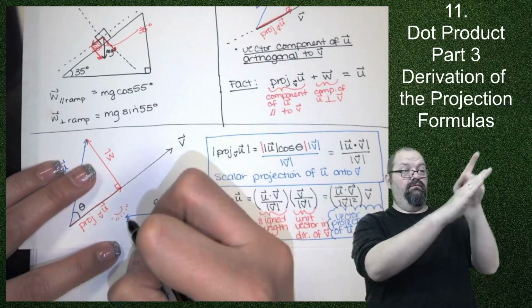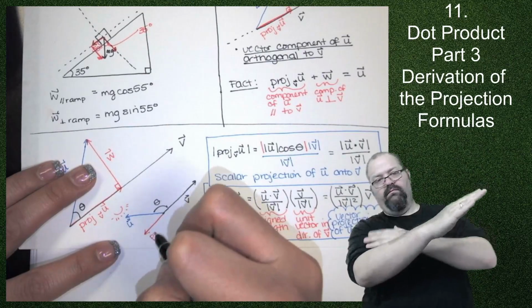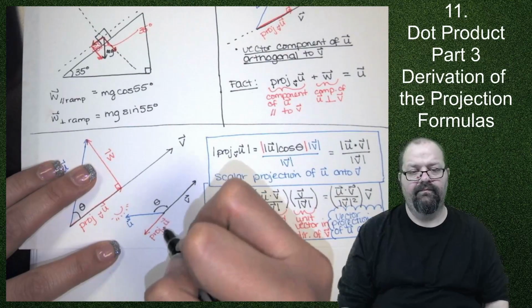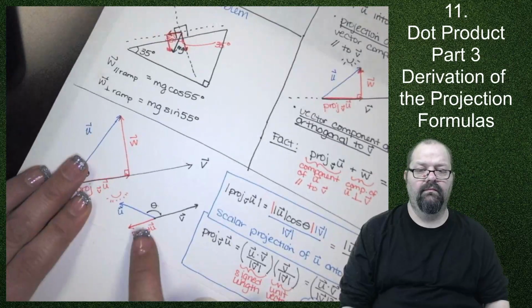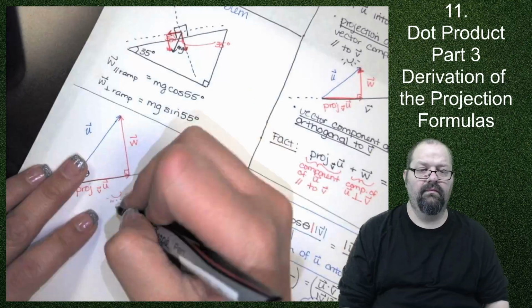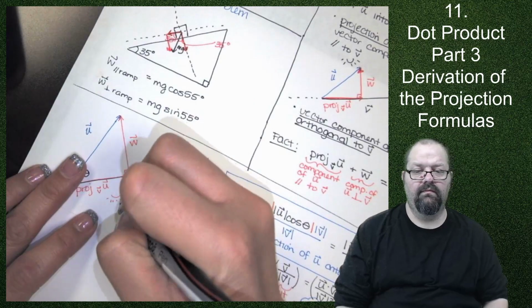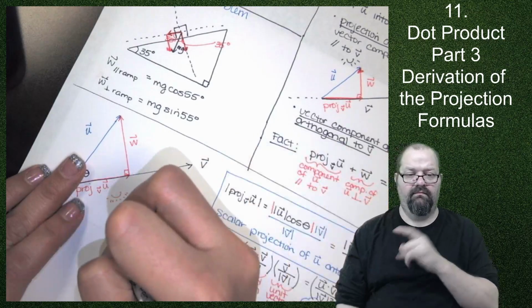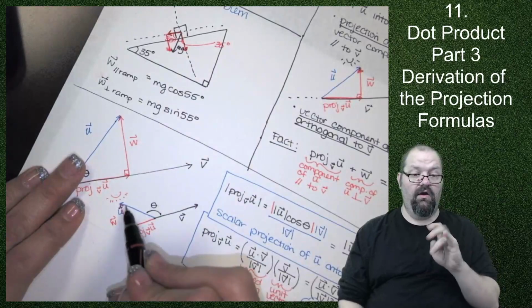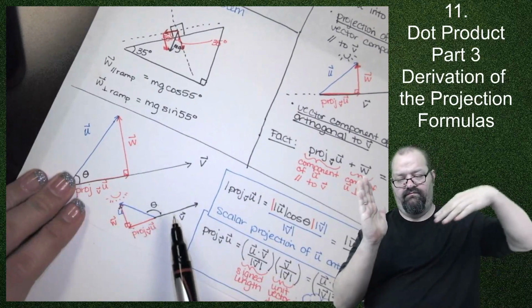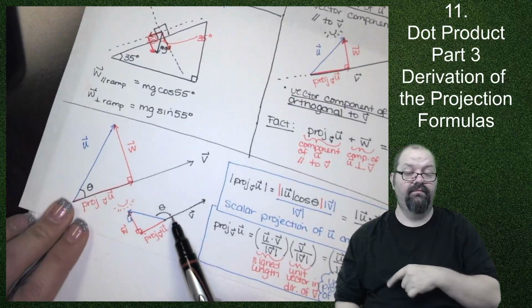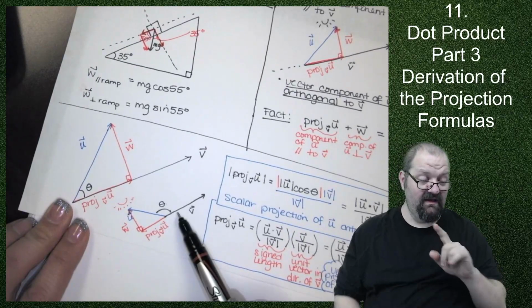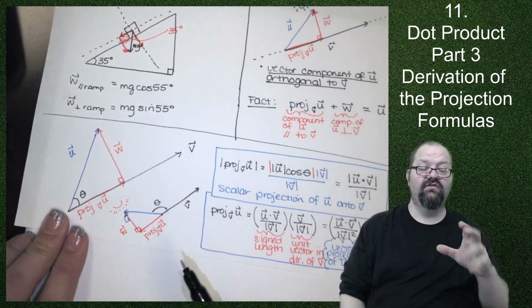So the projection of u onto v in this case points in the opposite direction from v. And then the component of u that's perpendicular to v, or orthogonal to v, that w, still points this way. So if theta is obtuse, your projection and your vector v go in opposite directions.